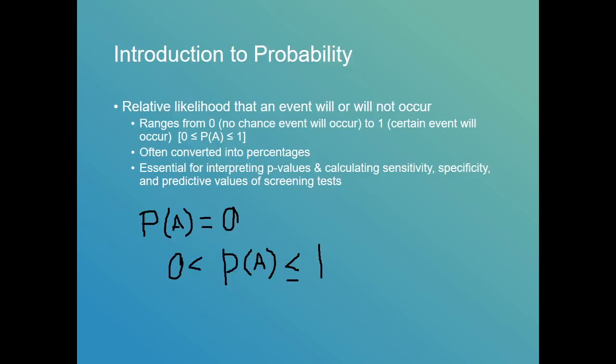So again, this is what is written up here. The probability of an event happening, some sort of probable event with a likelihood between 0 and 1, would be signified by writing 0 is less than the probability of the event A is less than or equal to 1.